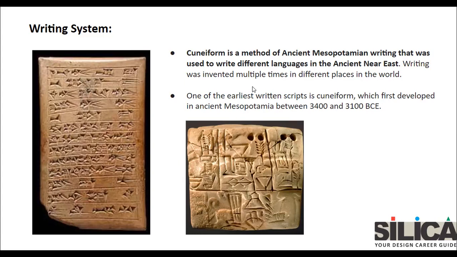One of the earliest written scripts is cuneiform, which first developed in ancient Mesopotamia between 3400 and 3100 BCE. So this is the typical writing system of Mesopotamian civilization, which we can observe in both images.